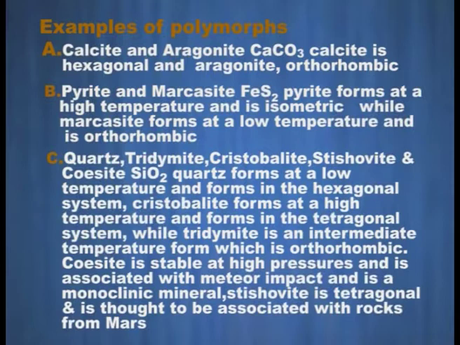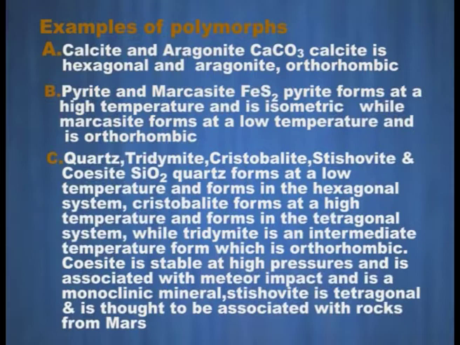The next example is quartz, tridymite, cristobalite, stishovite and coesite. All have the chemical composition SiO2, that is silicon dioxide. Quartz forms at a low temperature and forms in the hexagonal system.